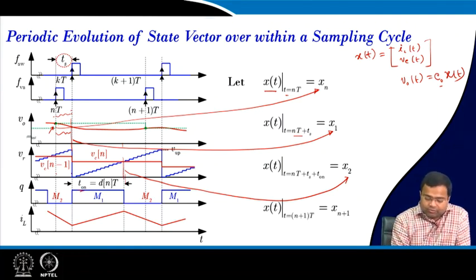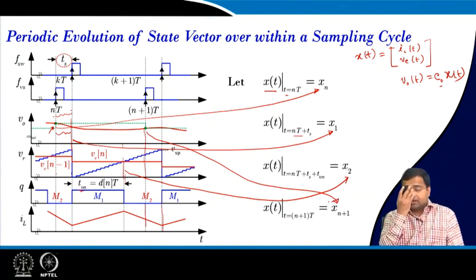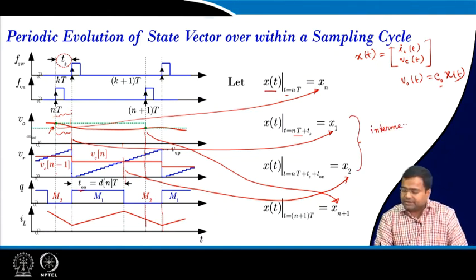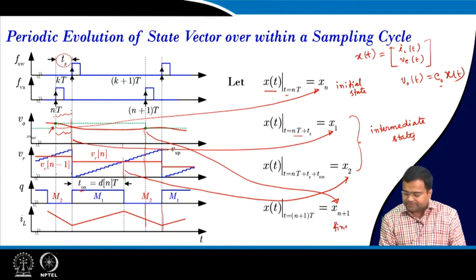The final point, which will be here, that means the sampling point, is the state x(n+1). So, these two are the intermediate states, and this is my initial state, and this is my final state.